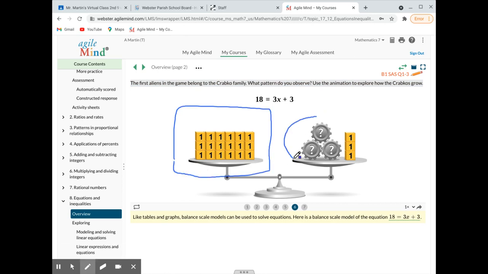This is our x, and this is our 3. Because this is 1, 2, 3 x's because they're unknown values. But you notice how the scale is evenly distributed. Does everybody understand that? How it's sitting at the same level, height? Yes, sir. Okay.